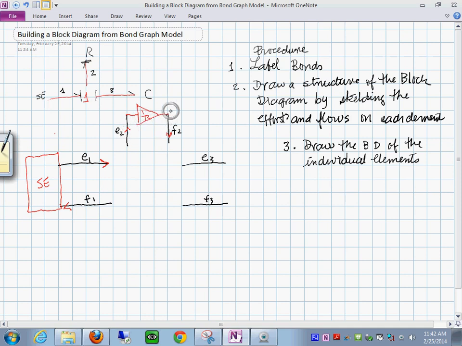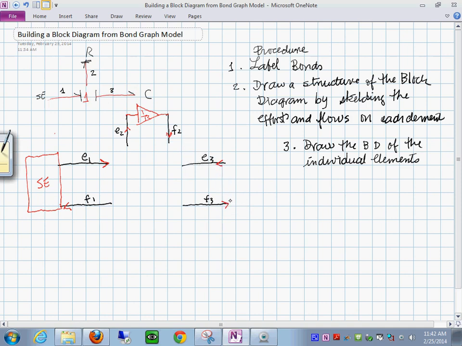That's the way it goes for this kind of causal stroke, where the flow is the output. This one here, you see this is the output of the C. So that means the effort is the output this way, the flow is the input.